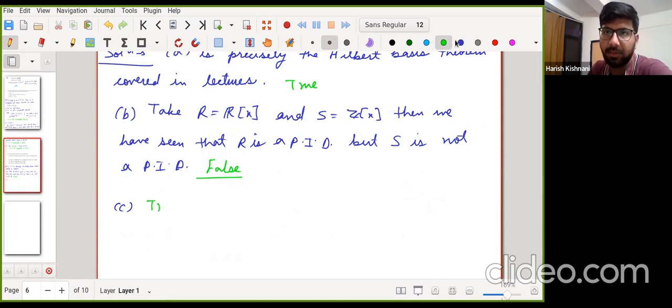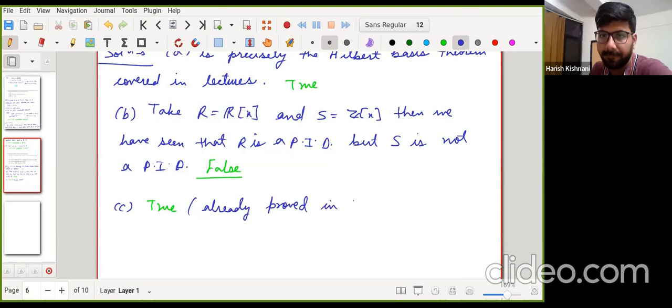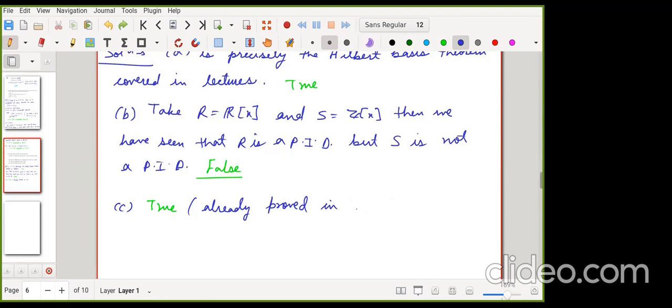And this we have already proved in the beginning. S is not a PID.